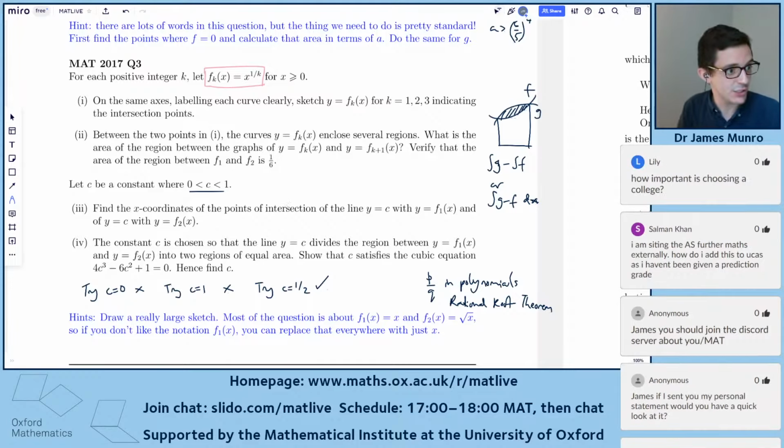So, how important is choosing a college? The answer is academically not important at all. If you're applying for maths at Oxford, you'll have the same academic experience regardless of which college you go to, because the teaching is organised by the department. Your tutorials will be in college, but they'll have the same content, the same courses, the same problem sheets.